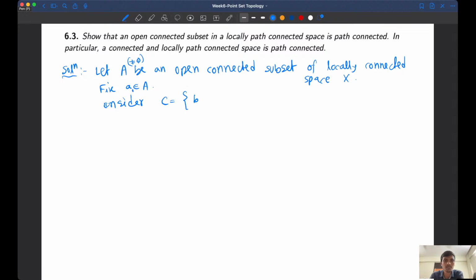So C is the set of a belonging to A such that a can be connected to a naught by a path.